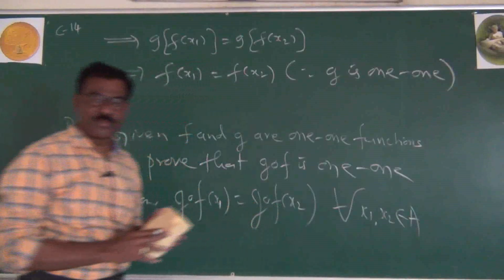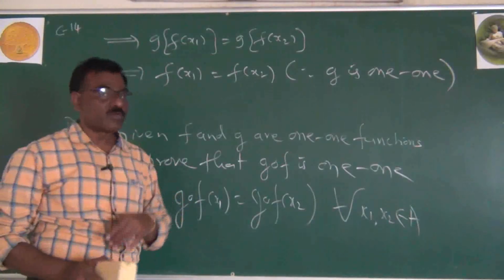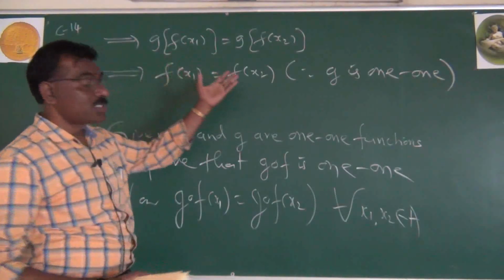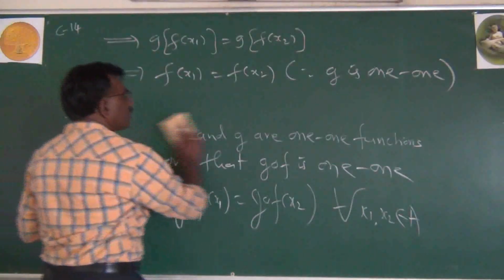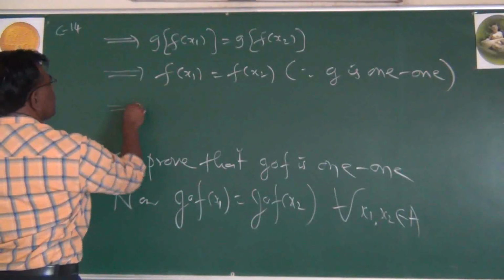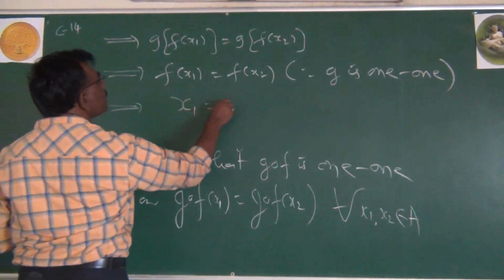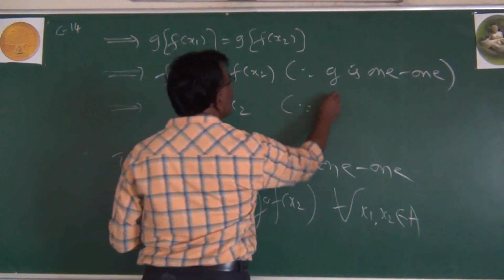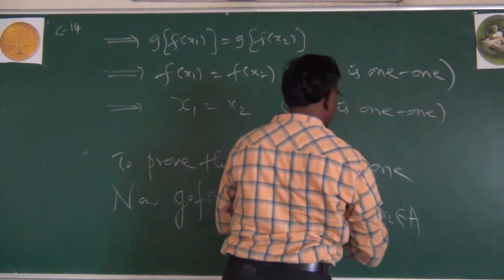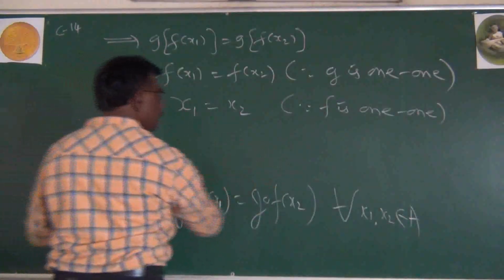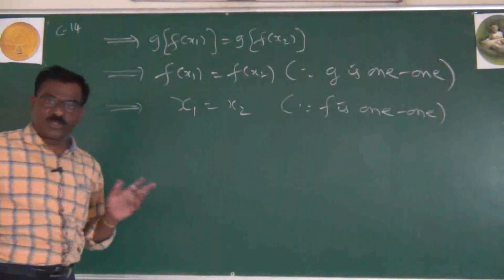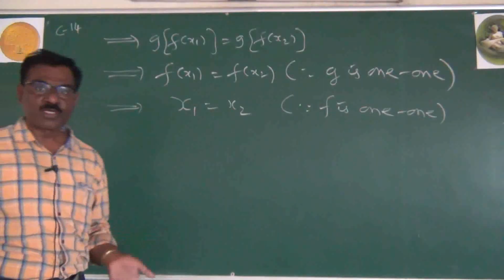It is given that both f and g are 1-1 functions. Why are you removing this g? Because g is 1-1. It implies x1 equal to x2 because f is 1-1.